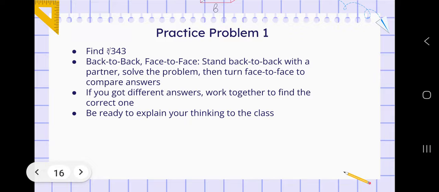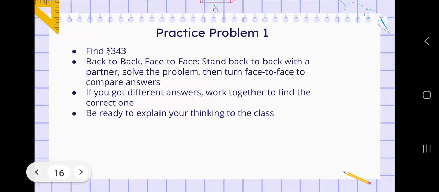Okay, practice problem number 1. Find the cube root of 343. Stand back to back with a partner, solve the problem, return face to face to compare answers.